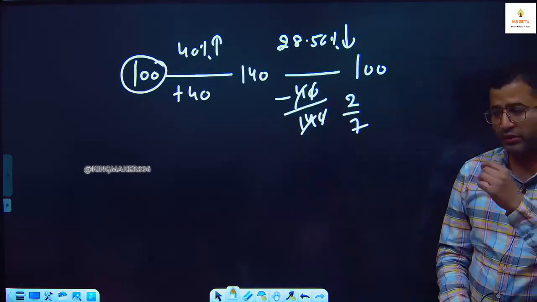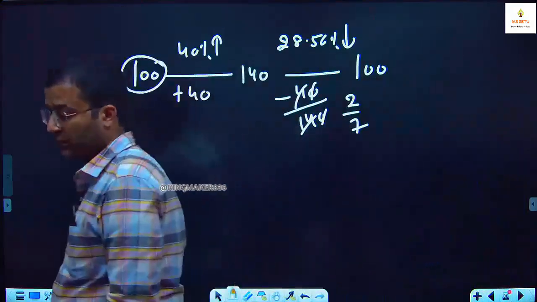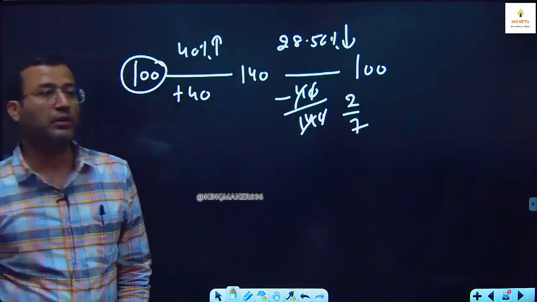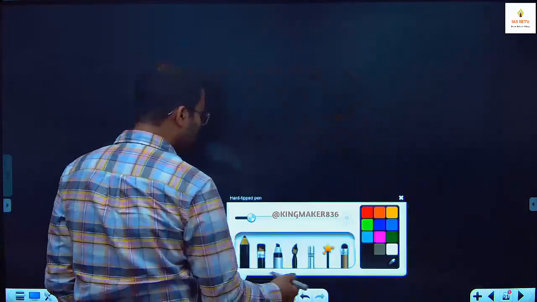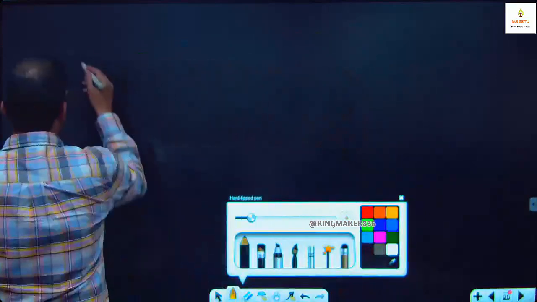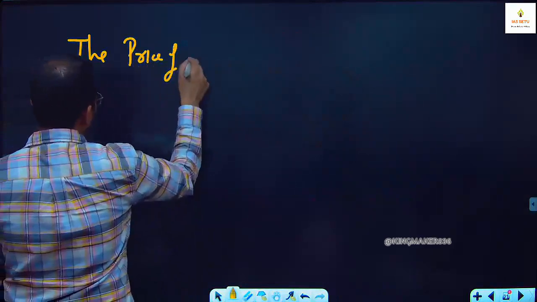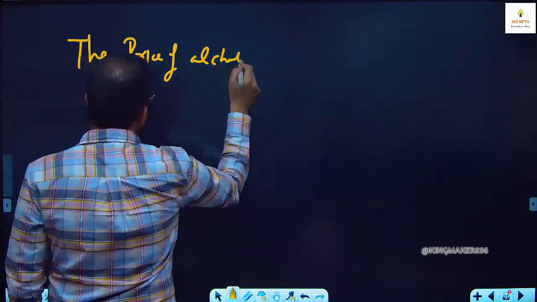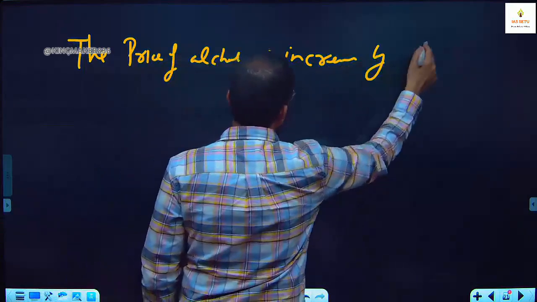Let us try one more question. यहाँ पे गलती होने के चांसेस कम हैं. The price of alcohol is increased by 60%.